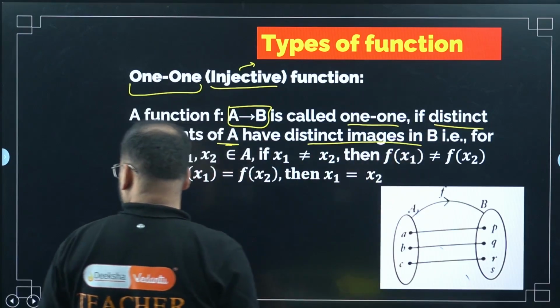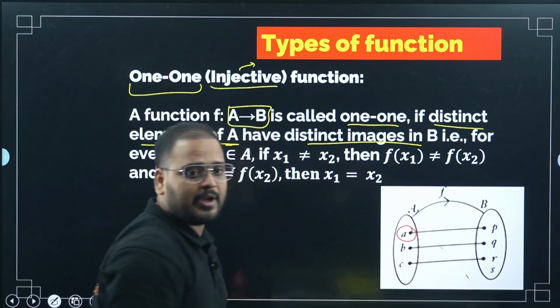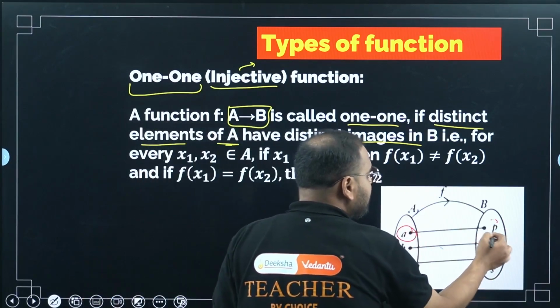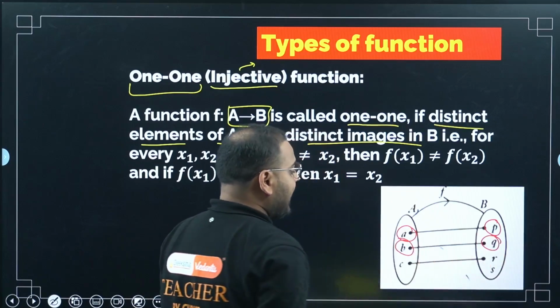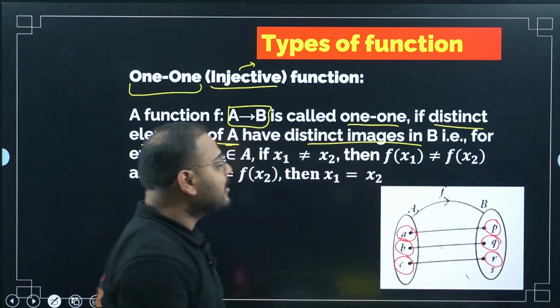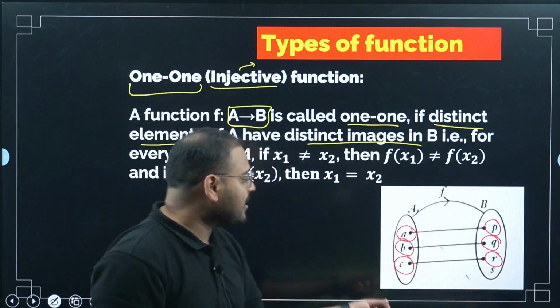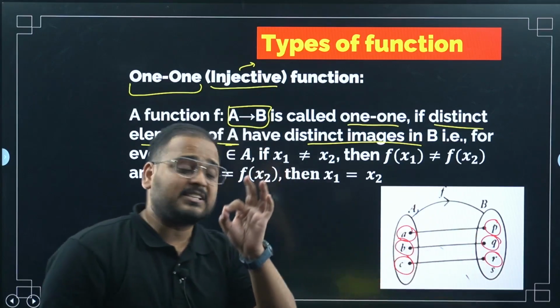Check here. Value A has the image P. As we go to value B, the image changes to Q. As you go to value C, the image changes to R. Now for S there is no image, that's all right, but distinct elements of A have distinct images. This part is satisfied.